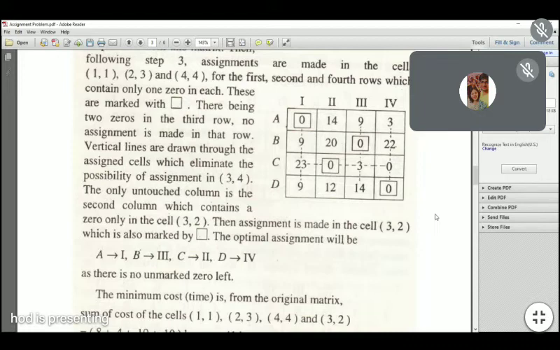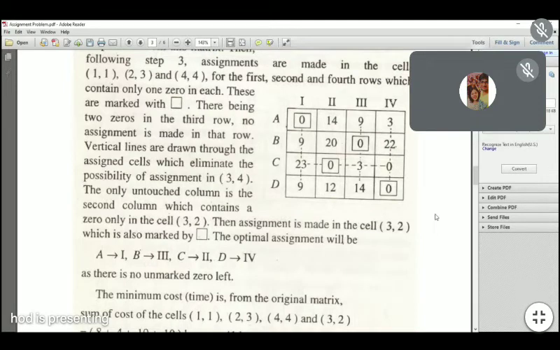Ma'am, is there any possibility that in the last row, the job D that has been assigned to the fourth machine, will not have any zeros?